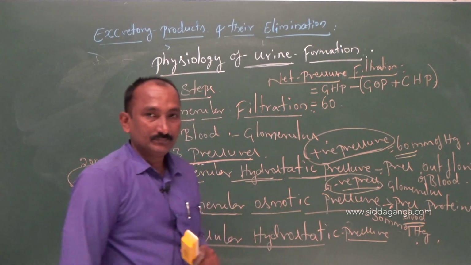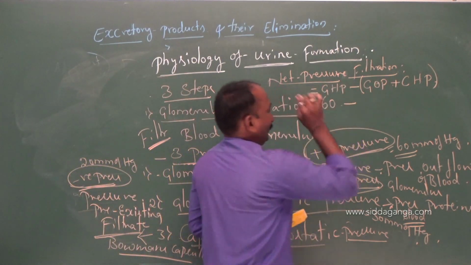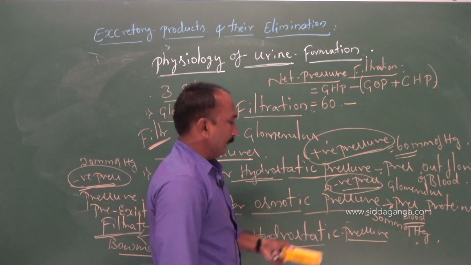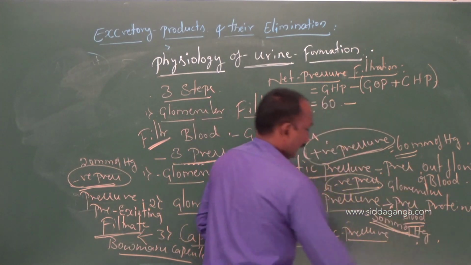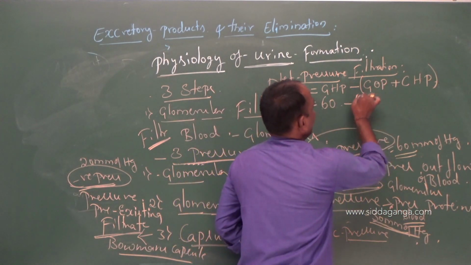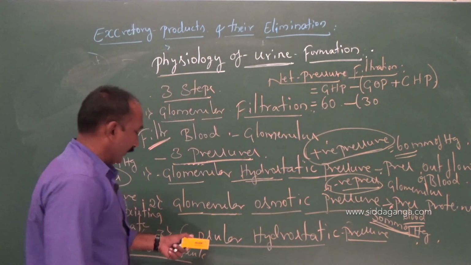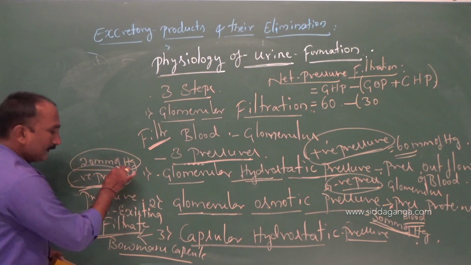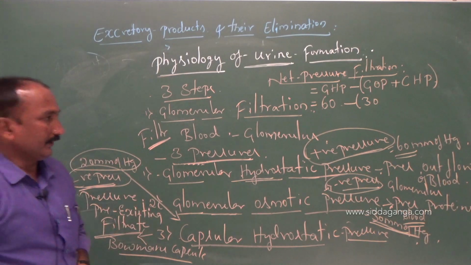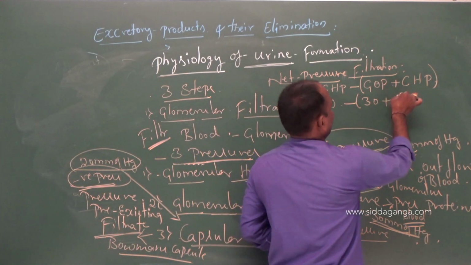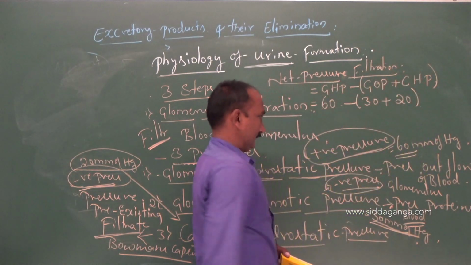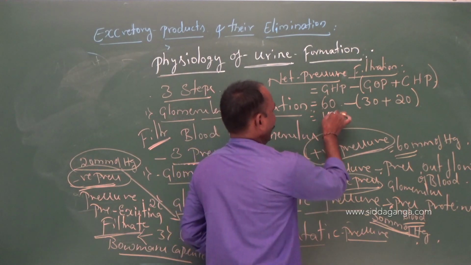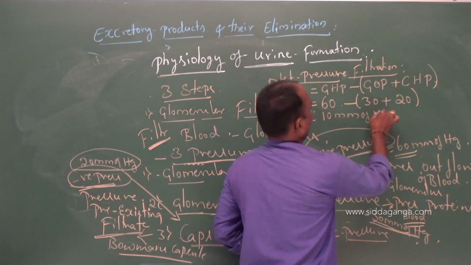Glomerular osmotic pressure is around 30 mm of Hg. Capsular hydrostatic pressure is around 20 mm of Hg. Then the net pressure is 60 minus 50, only about 10 mm of Hg.